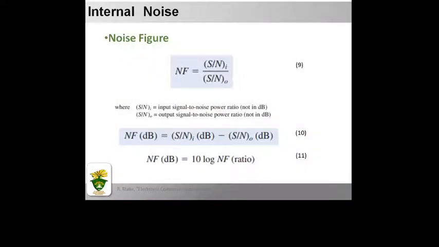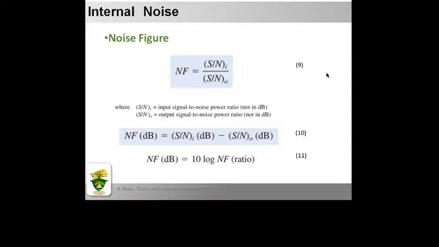Since thermal noise is produced by all conductors, and since active devices add their own noise as described previously, it follows that any stage in a communication system will add some noise. An amplifier, for instance, will amplify equally both the signal and the noise at its input, but it will also add some noise.